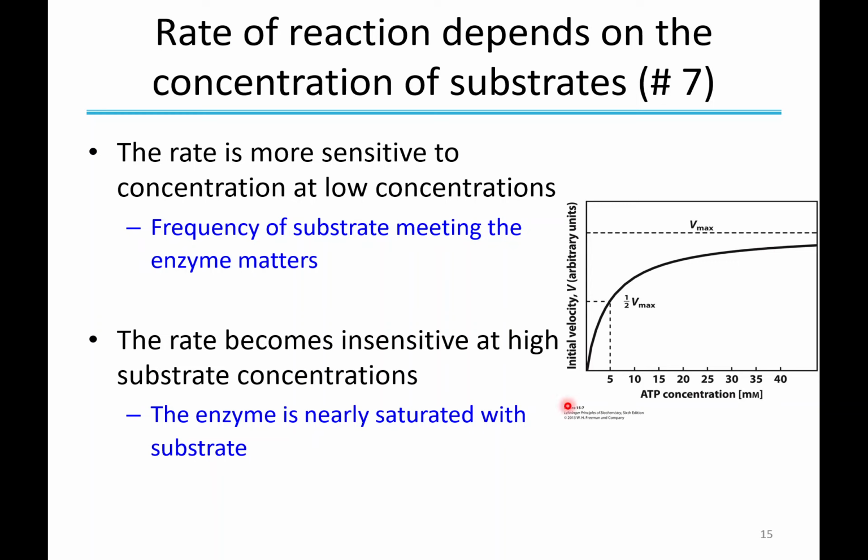So it's more sensitive when the substrate concentrations are lower, less sensitive when the substrate concentrations are high, and that's because the active site on the enzyme is becoming saturated with substrate at higher concentrations.